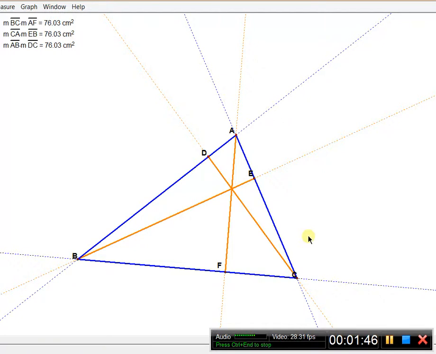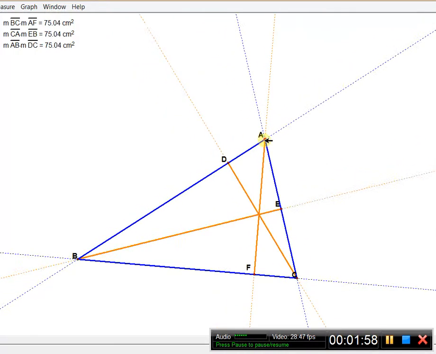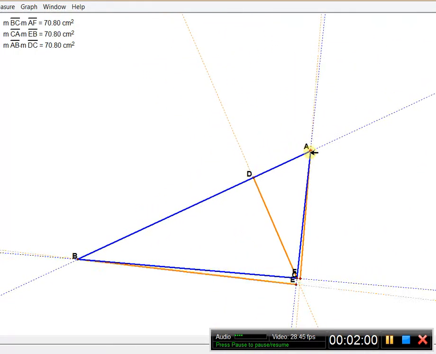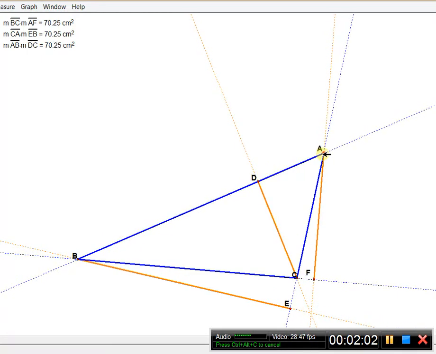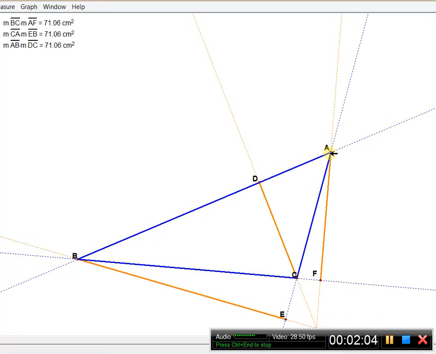The nicest ones to look at are when the triangle is acute and all the altitudes are inside the triangle. If we end up with an obtuse triangle for some reason, then our altitudes are going to fall outside the triangle, which is a little harder to look at.